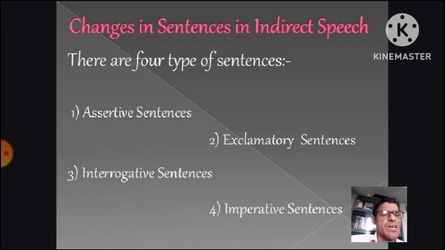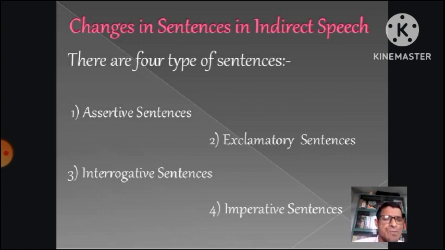In the same way, another type of sentence is interrogative sentence, and interrogative sentence requires another type of rule that is not used in imperative sentence. So dear students, I hope you know these four types of sentences.